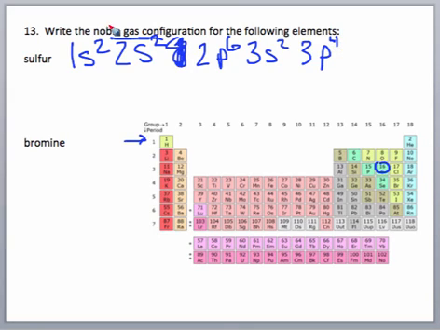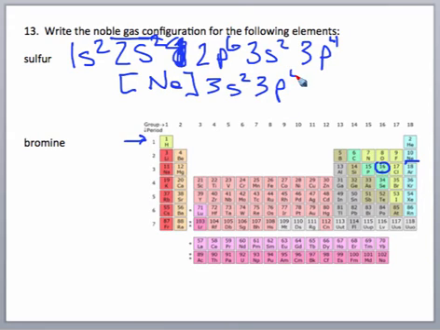But remember, the noble gas configuration, what we're going to do is write the previous noble gas in brackets and then just tack on that last row, 3s2, 3p4.